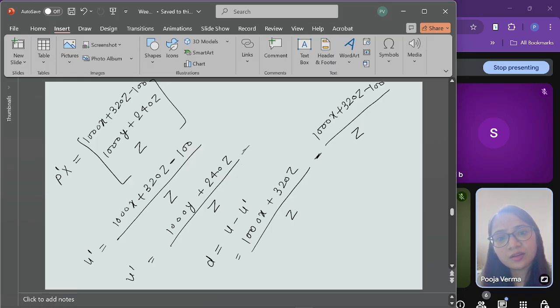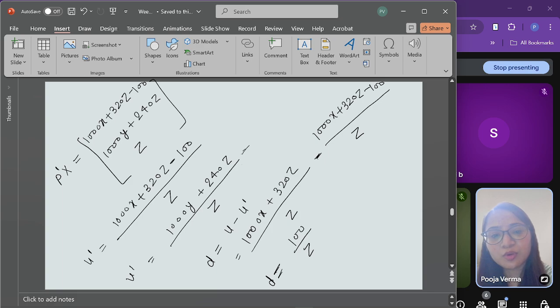The 1000x divided by z terms cancel out, and minus and minus gives 100 divided by z, so d is equal to 100 divided by z.